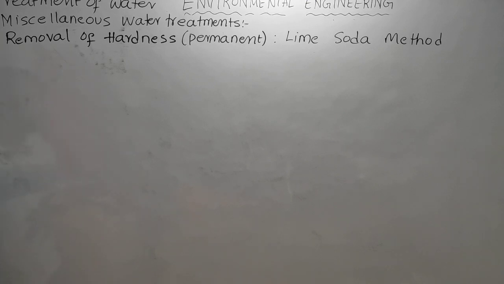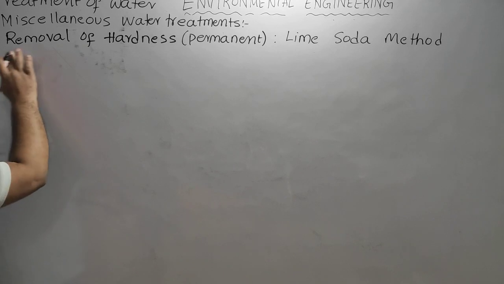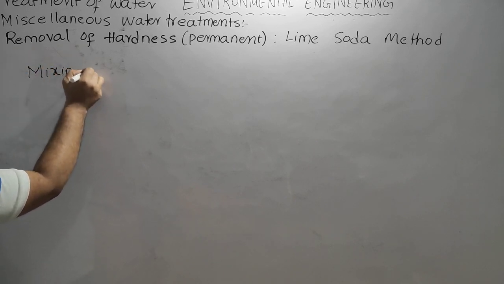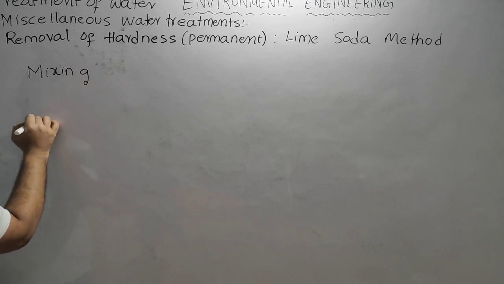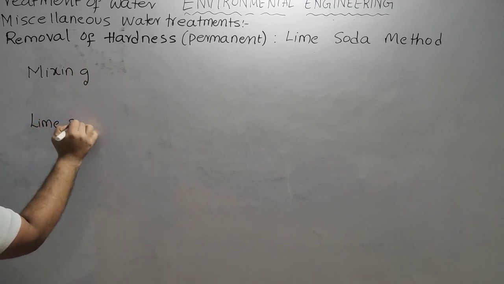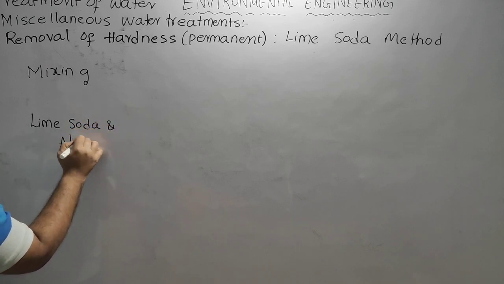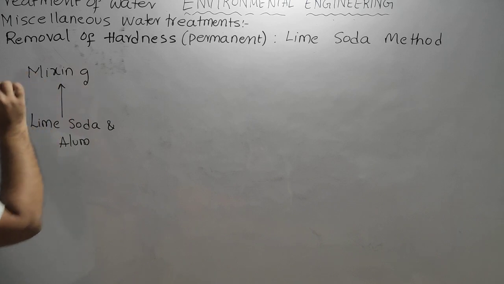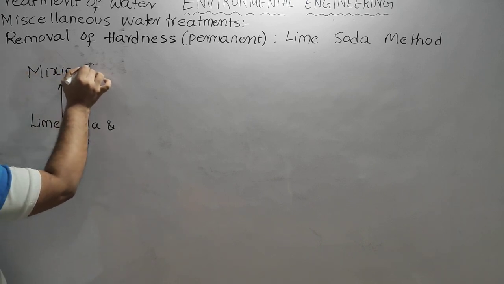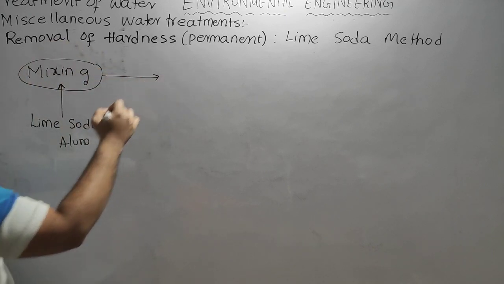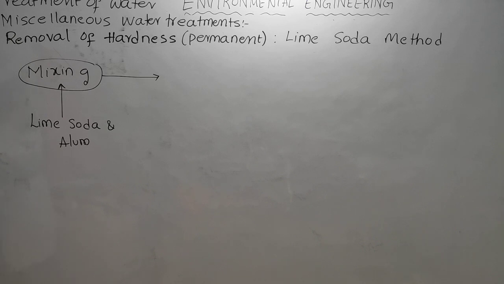So in the lime soda process, we first do mixing of lime, soda, and alum also we will add. So we introduce these three into the water and we mix. That is the first process of the lime soda method. After mixing, we will send it into the flocculator.